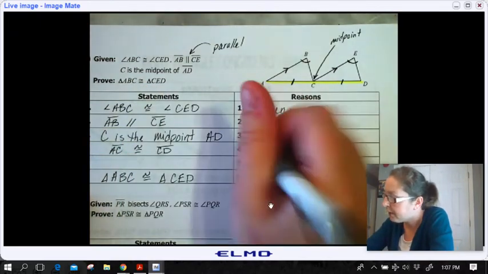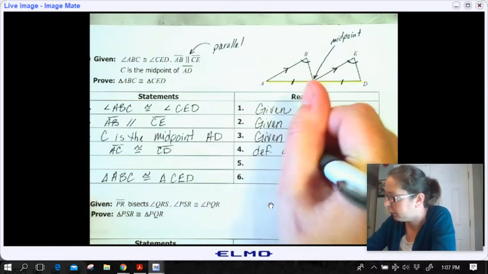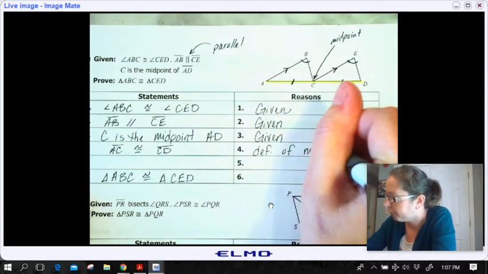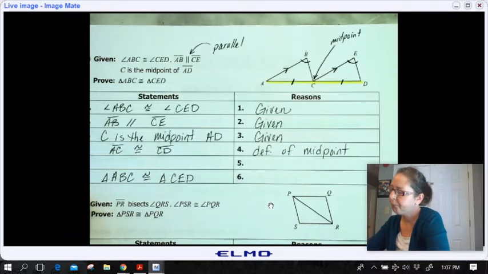And that is by the definition of midpoint. Okay. All right. Now what do I know?